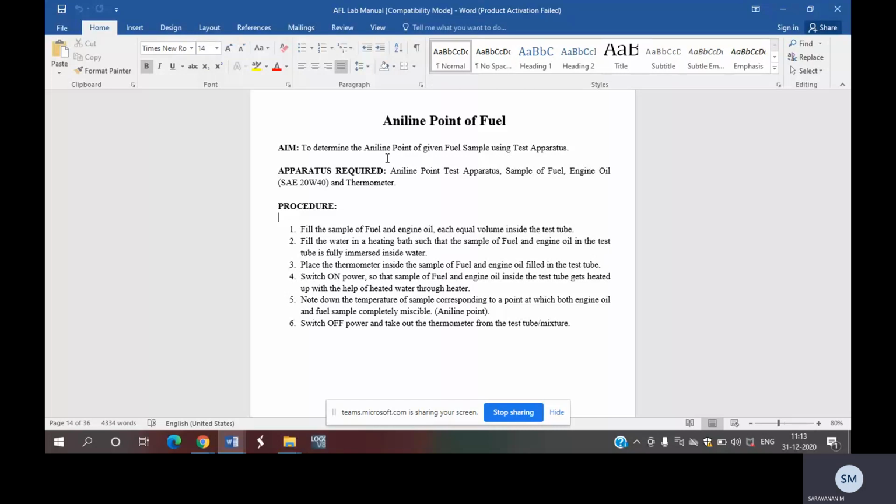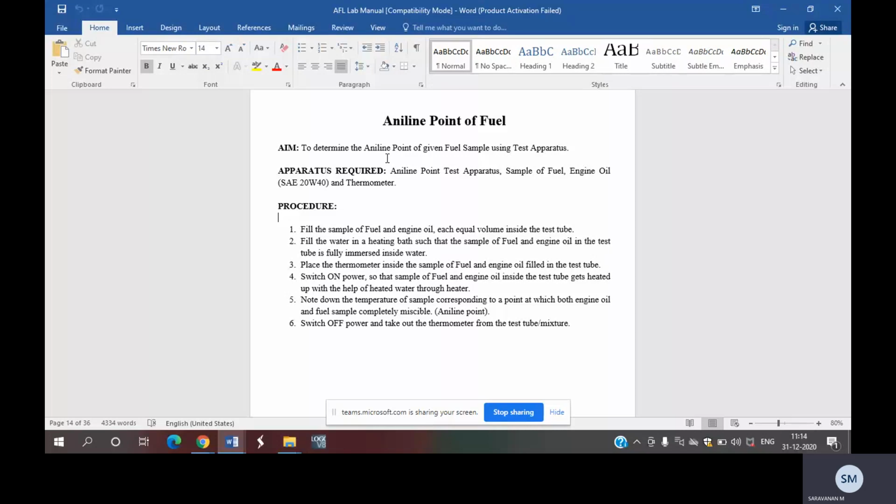Of course, because we dipped it in the water bath, once the water is heated, automatically the fuel and engine oil also get heated with the help of the heater.